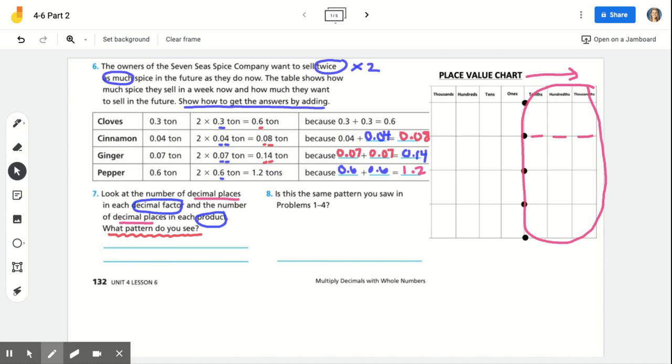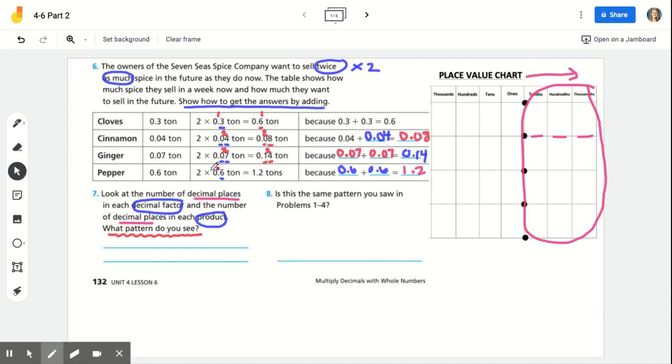Okay, what I'm seeing, and I'm hoping you're seeing it too, is that the number of decimal places in the decimal factor is the same as the number of decimal places in our product. For example, our first one, we had 1 decimal place here, and 1 decimal place here. 2 decimal places in our factor, 2 decimal places in our product.